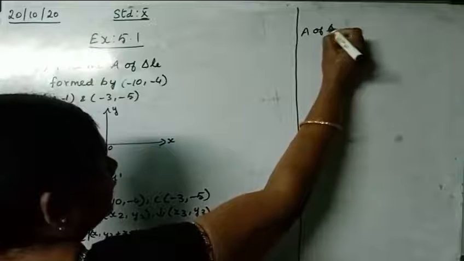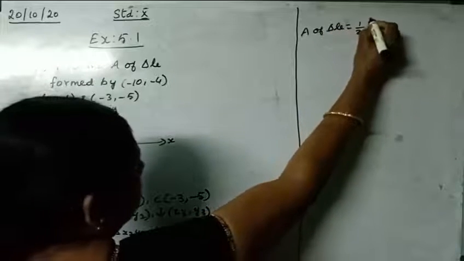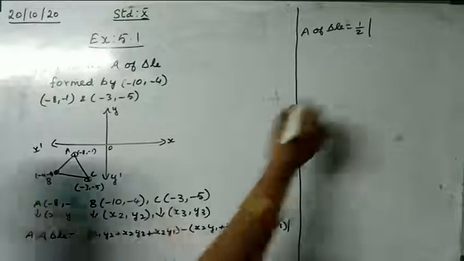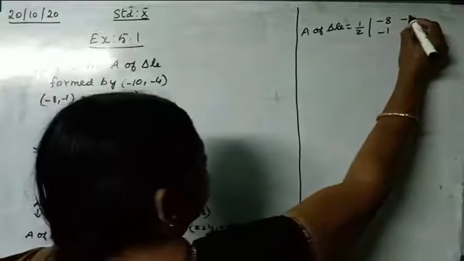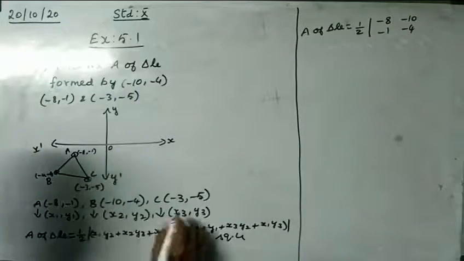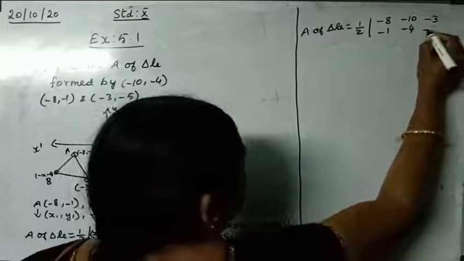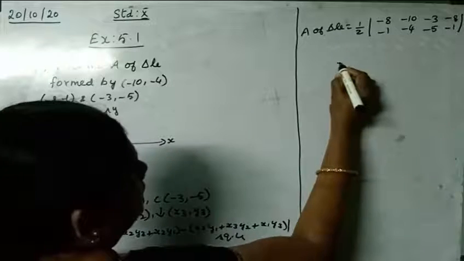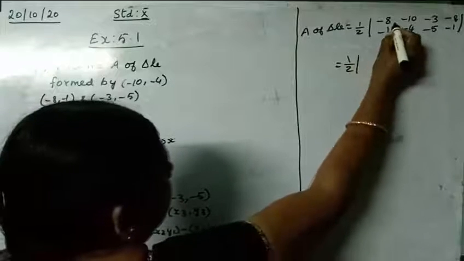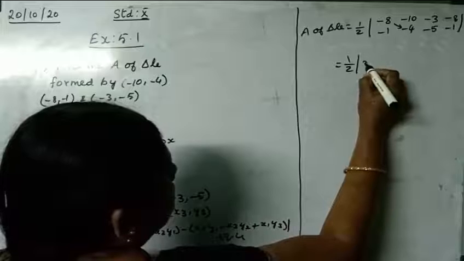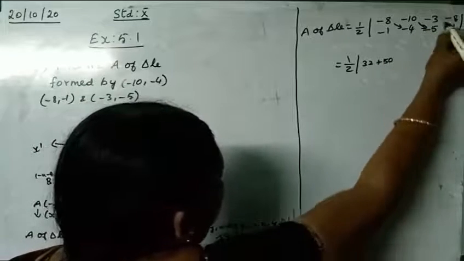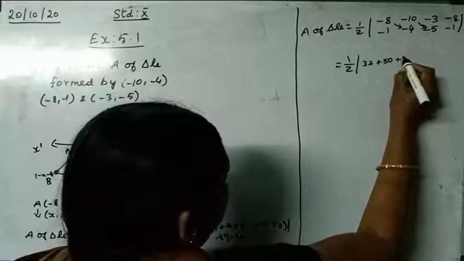Now let me substitute into this formula. Area of triangle is equal to 1 by 2 modulus of: take the first point (-8, -1), second point (-10, -4), third one (-3, -5), and once again write the first point. Now cross multiply. -8 times -4 is plus 32, -10 times -5 is plus 50, -3 times -1 is plus 3.